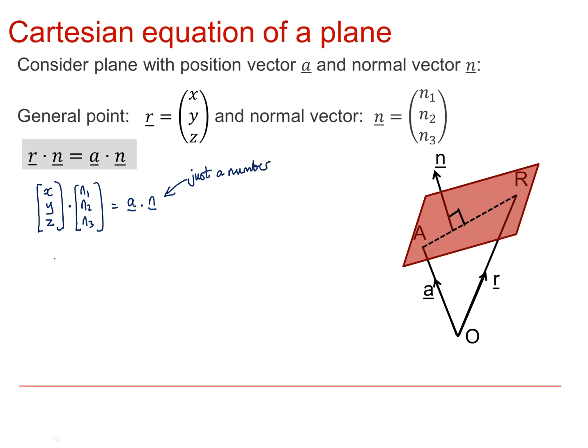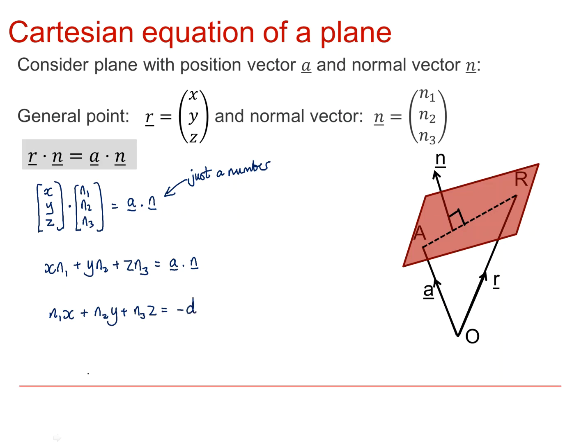Let's have a look at the left-hand side. That's x n1 plus y n2 plus z n3, and that has to equal this number a dot n. So if I rewrite this in the usual way with the x, y and z second, we've got n1x plus n2y plus n3z is equal to a number.